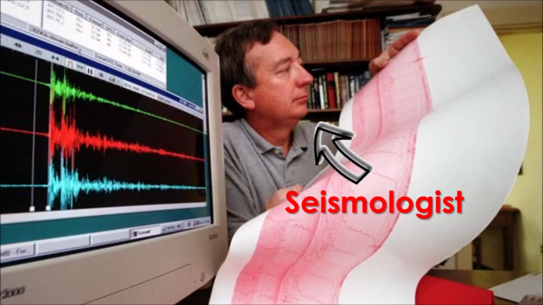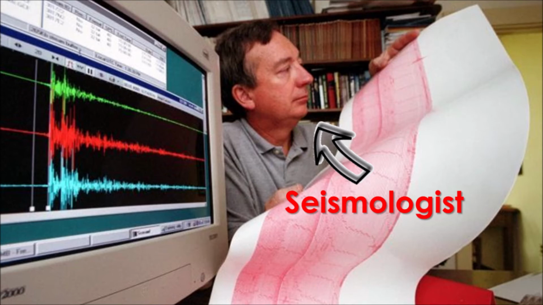waves. And seismologists actually study not only shock waves created by earthquakes and volcanic activity, but they also work in oil, gas, and mineral exploration industries as well. They earn an average salary of about £20,000 to £50,000 a year, and their day-to-day activities include monitoring and analysing data from seismic centres around the world.